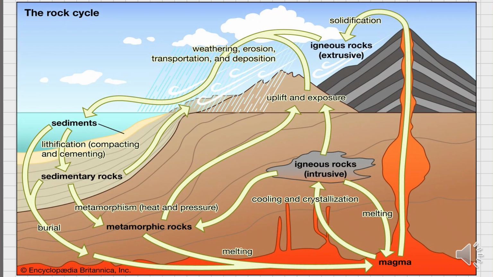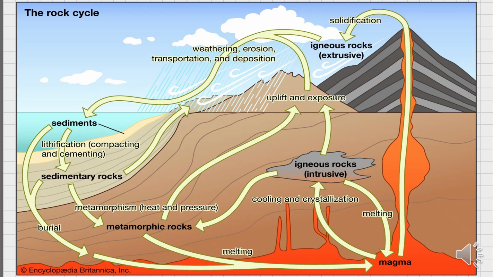The rock cycle is a continuous geological process that recycles Earth's rocks over millions of years, transforming them between igneous, sedimentary, and metamorphic types. Driven by internal heat and surface weathering, it involves melting, erosion, compaction, and heat and pressure to change rock textures and mineral compositions.